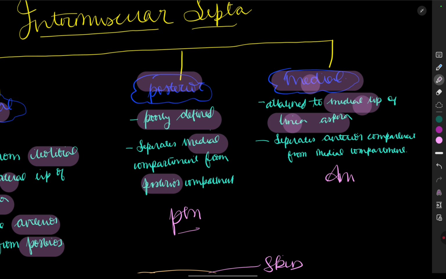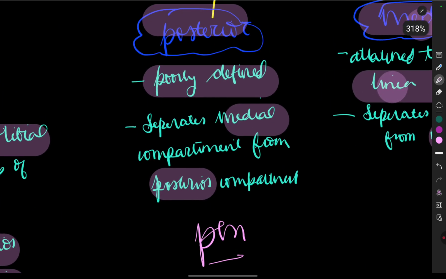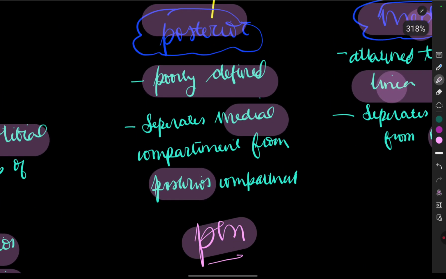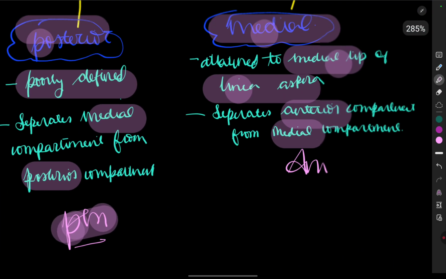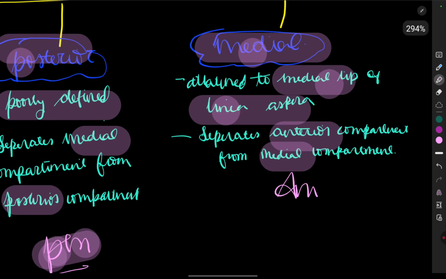How easy it is. And it separates the anterior compartment from the medial compartment. Okay, so the posterior, how to remember this? Just remember PM. P for posterior and P for PM, and it separates the posterior and the medial compartments. And for the medial, remember AM. This is the PM and this is the AM.